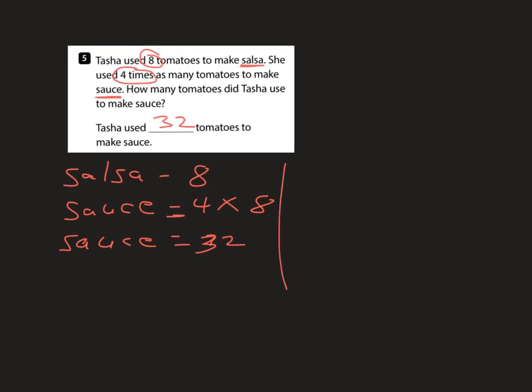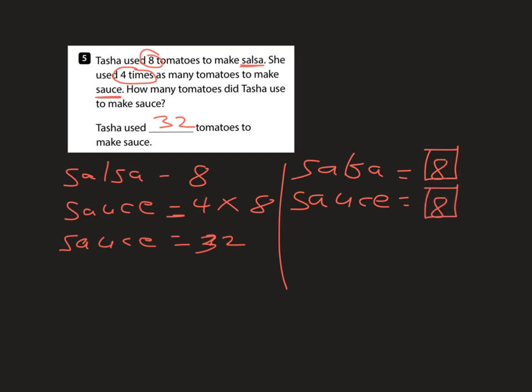All right guys, now let's show you using the bar model. So the salsa is 8. And the sauce is 4 times as many. So let's go ahead and copy that. 2 times as many.